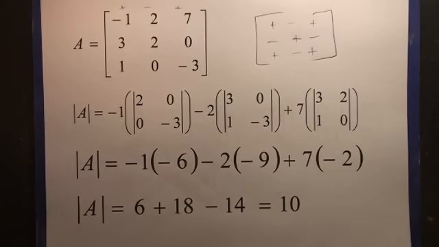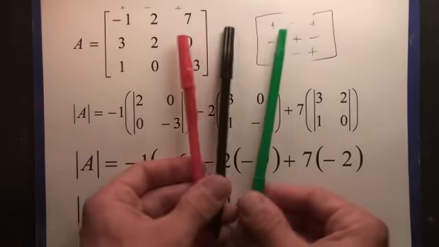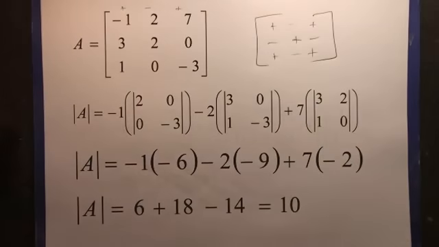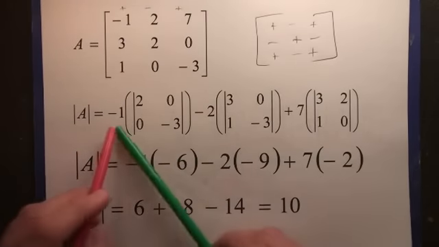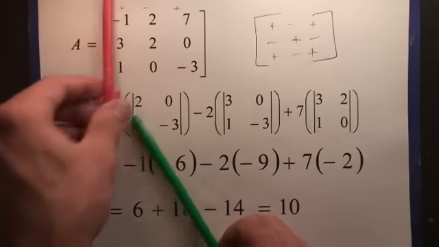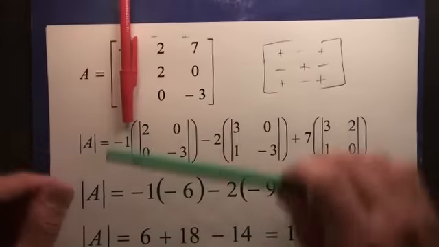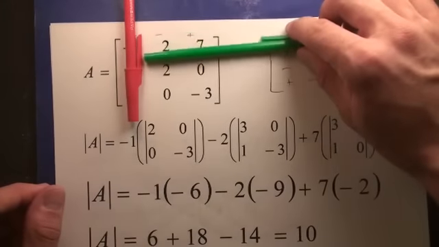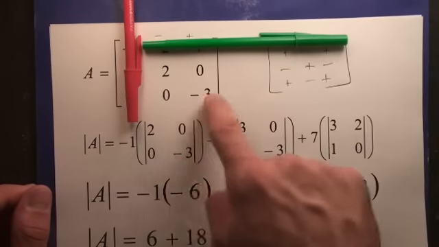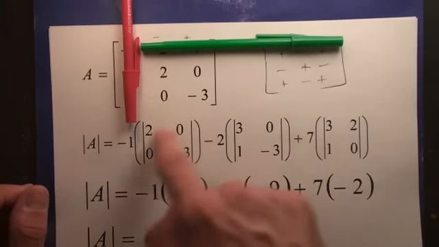Here's how it's going to work. You're going to need a couple pens. I suggest you have 3 pens for when you're doing this problem. All right. We're going to take the negative 1 in the first row, cover that up. Then we're going to cover up the first column. Look what you're left with. 2, 0, 0, negative 3, that goes here. That's going to be the determinant you're going to do.